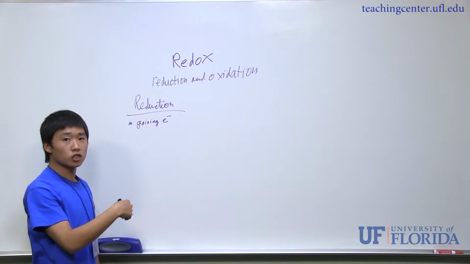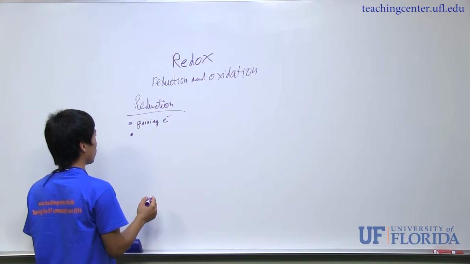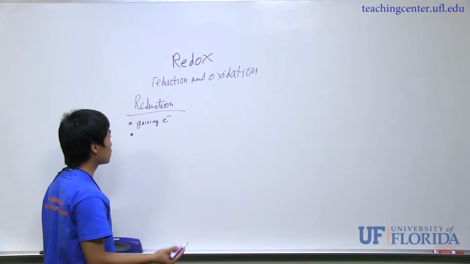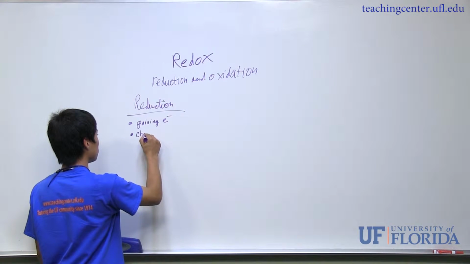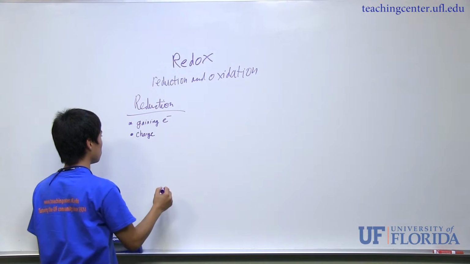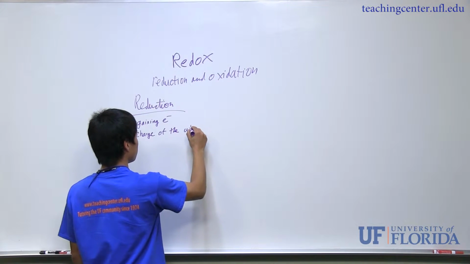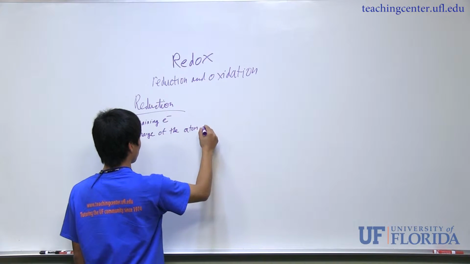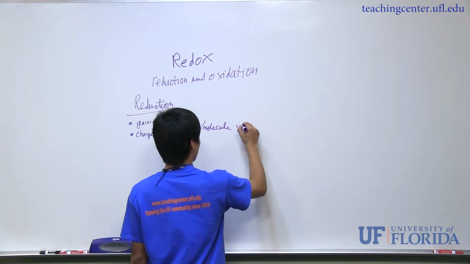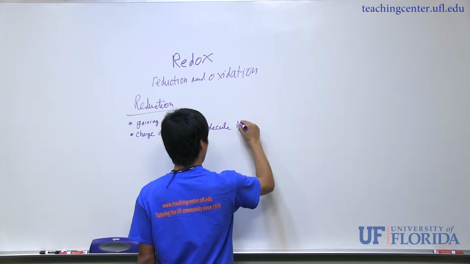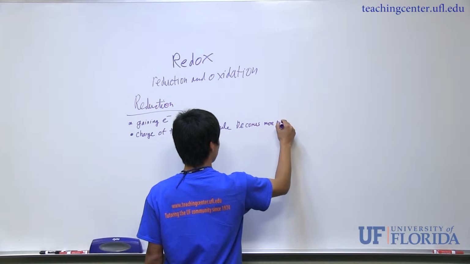And by the way, e- is just the chemical form of saying electrons. Therefore, if you're gaining electrons, the charge of the atom or molecule becomes more negative.